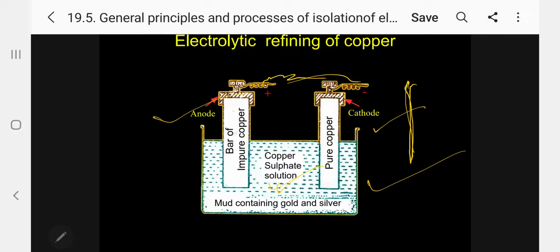The impure metal rod dissolves slowly, and the copper ions from the solution get deposited on the pure wire, making it rod-like. Kindly follow. So this is the idea you must have.